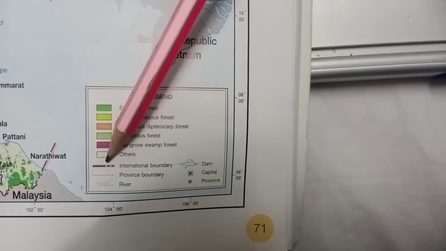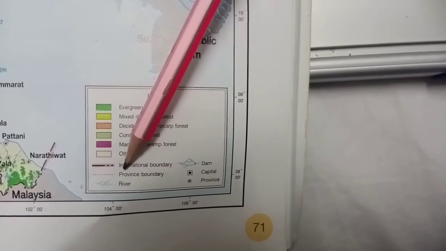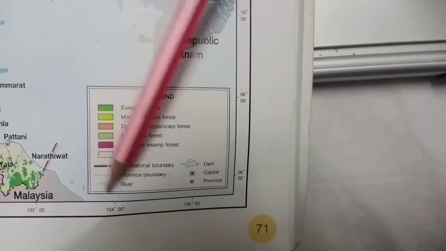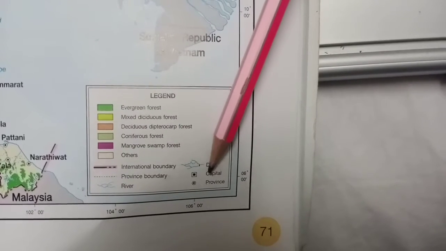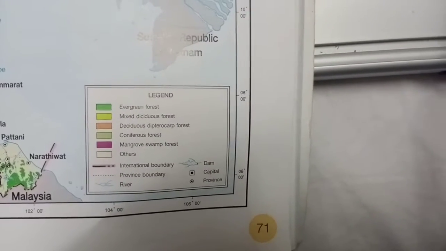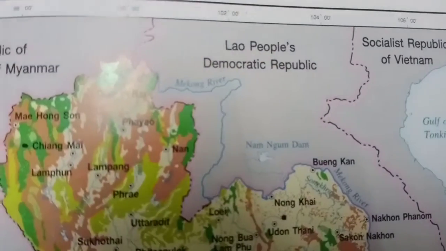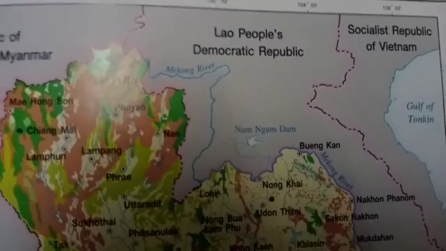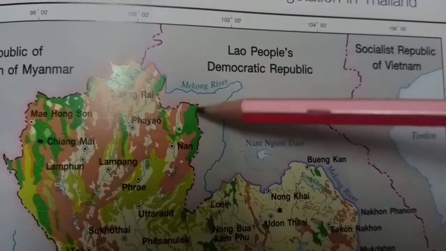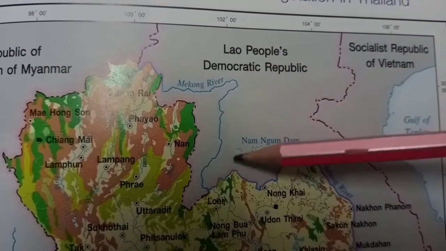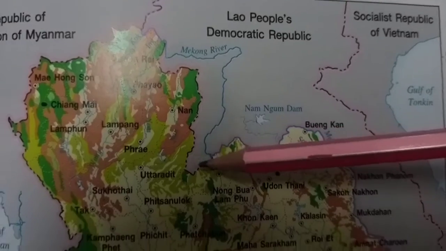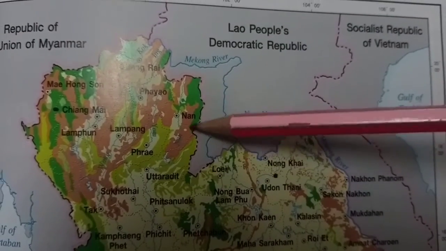Then we have international boundaries and province boundaries. We have river, dam, capital city, and then the province. If you are going to look at the map and study it, we can see the Mekong River, and we can see the line of boundary, this one.